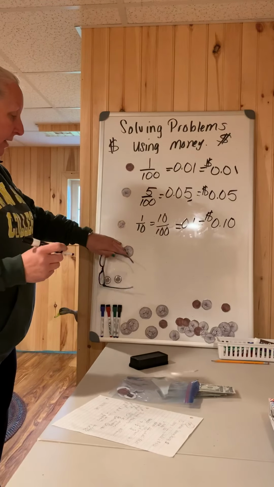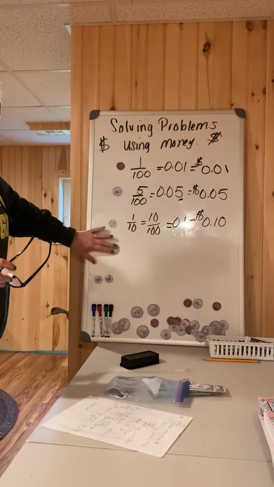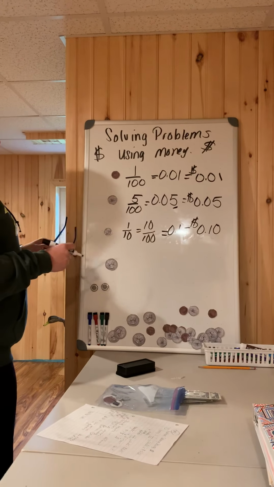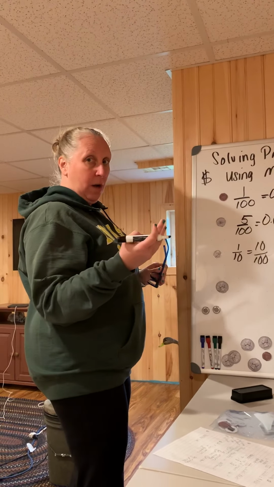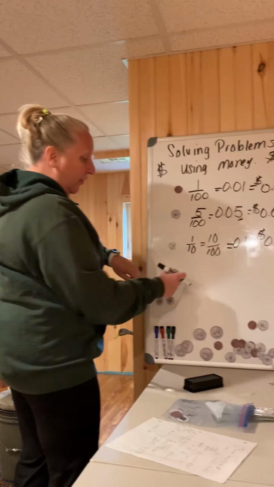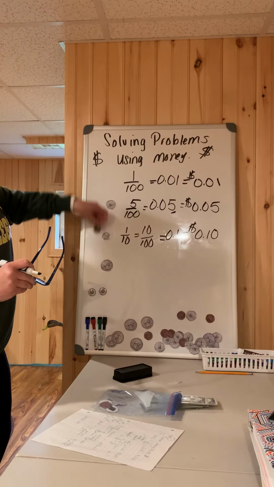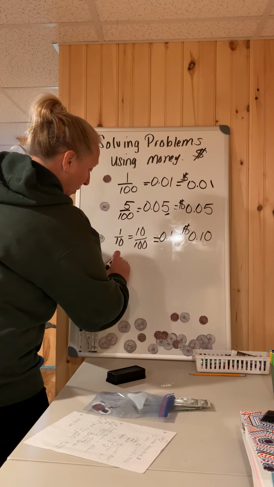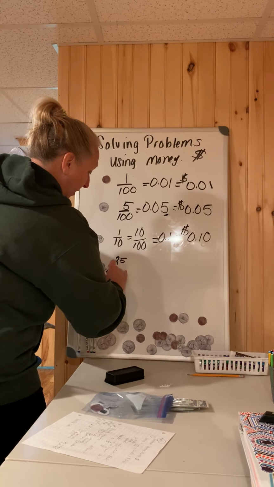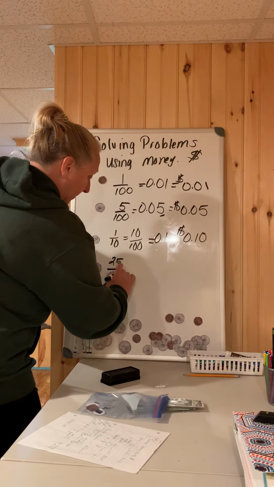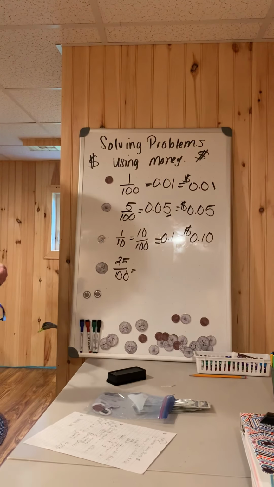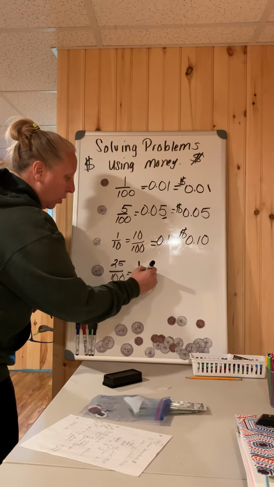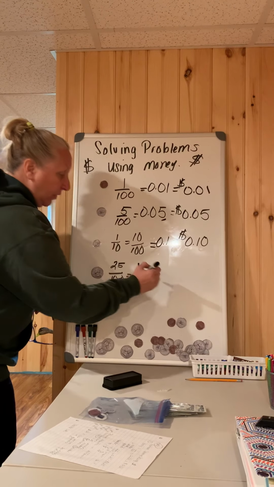Okay. And here's my quarter. My quarter, I need 4 of them for $1. So there's 25 cents wrapped up in there. So there will be 25 pennies in there. So 25/100ths is the same as 1/4.